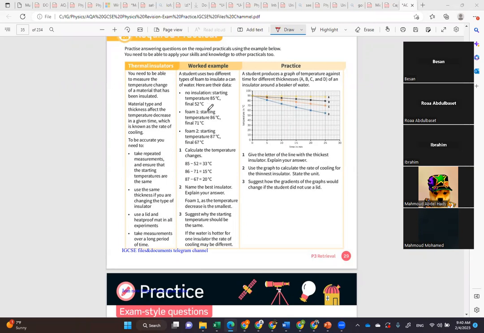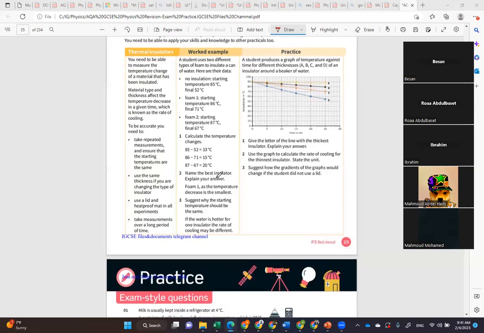Foam 2: starting temperature is 87 and final temperature is 67 Celsius. So the temperature change for the first case is 85 minus 52, which is 33 Celsius. Temperature change for the first foam, the second case, is 86 minus 71, which is 15. Temperature change for the third experiment, using foam 2, is 20 Celsius.